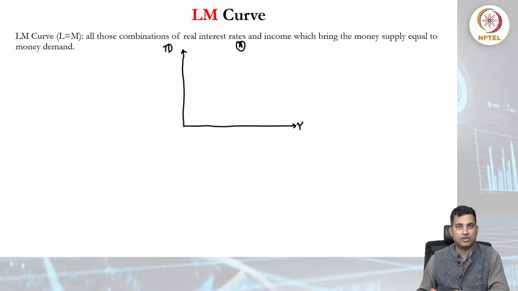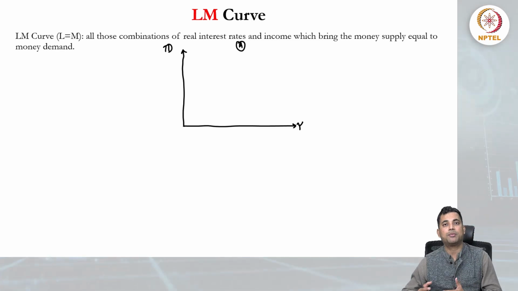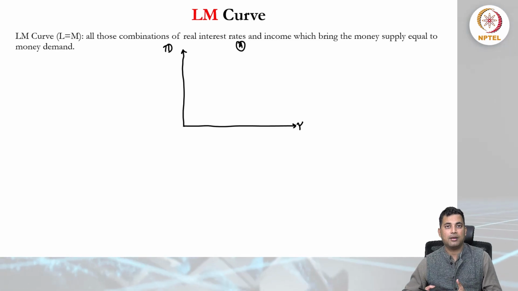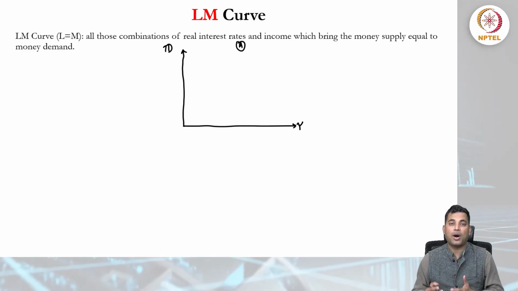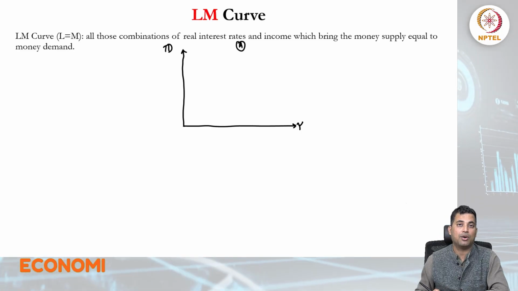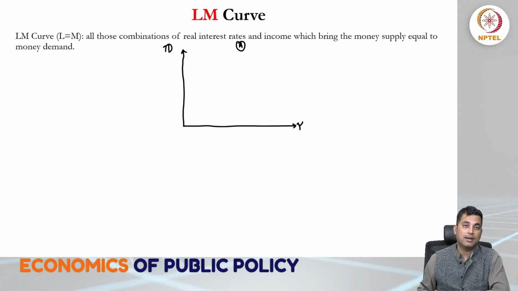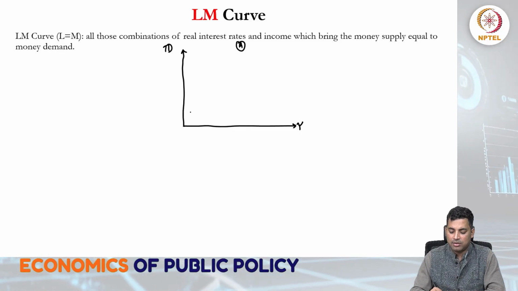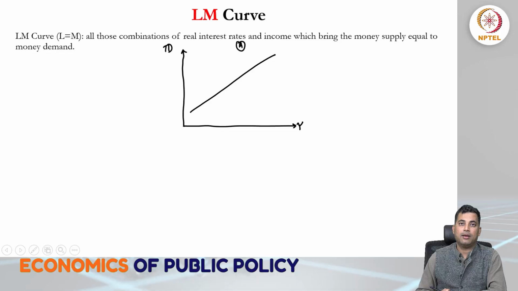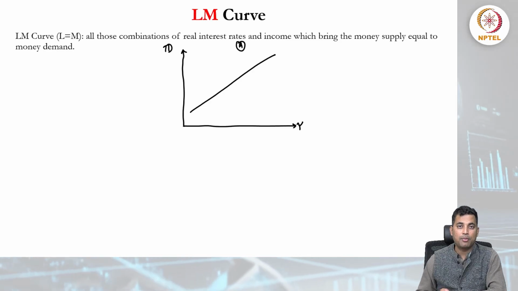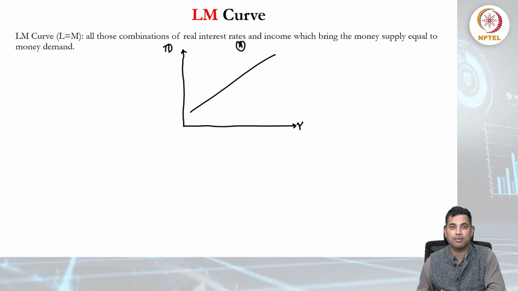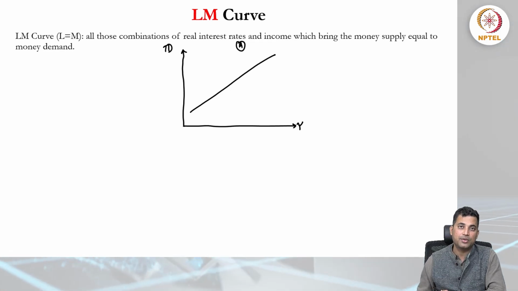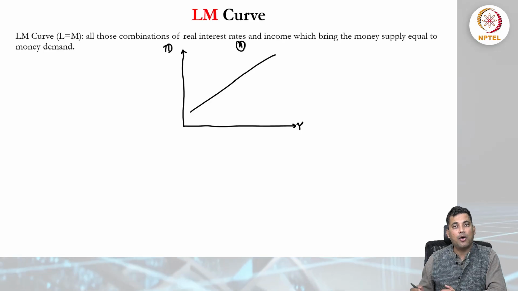Let us begin with the transaction demand for money: how to plot all types of demand for money, and then come to the equilibrium conditions, and why and under which conditions we got MS by P equals L(Y, i). Transaction demand for money will be upward sloping: as income increases, transactions will go up, and as transactions for goods and services increase, overall output will increase.